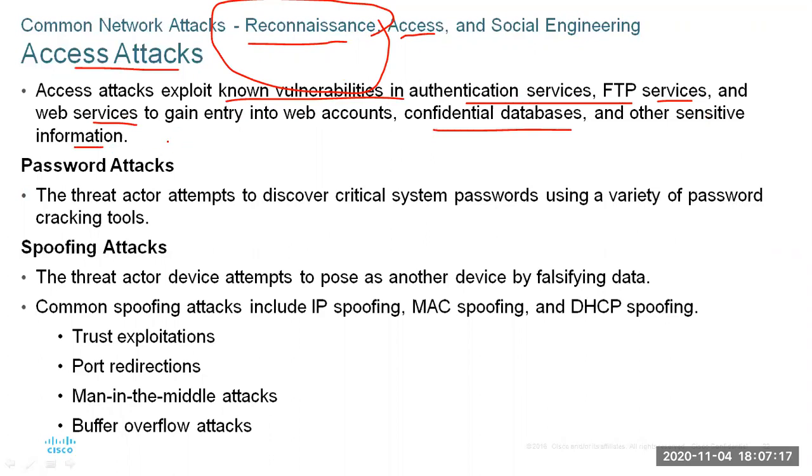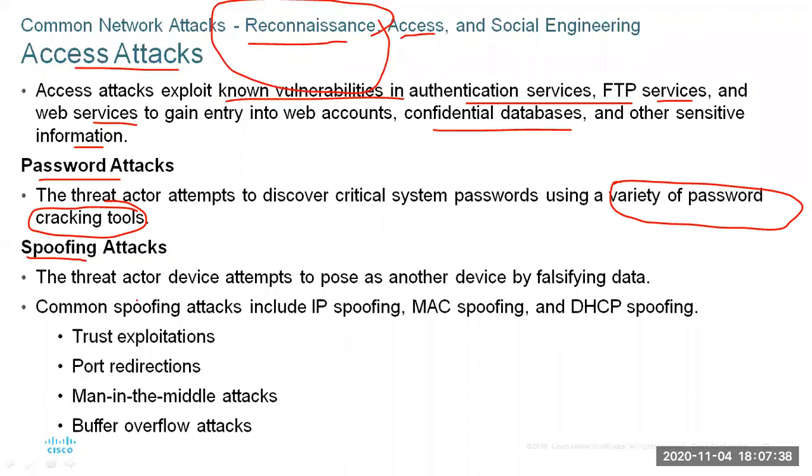This one goes for password attacks and spoofing. Password attacks identify and use a variety of password cracking tools to crack the passwords of the server or of the network.